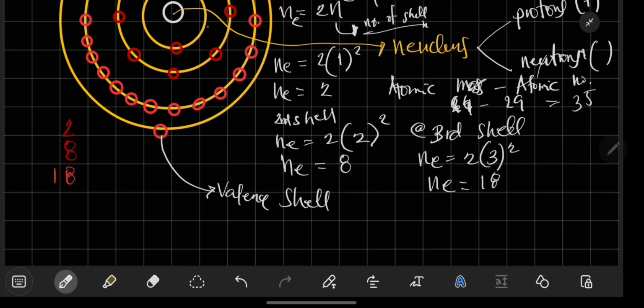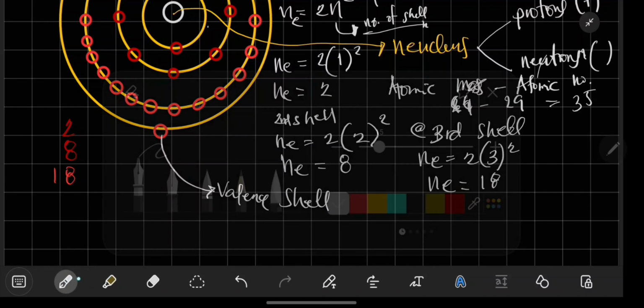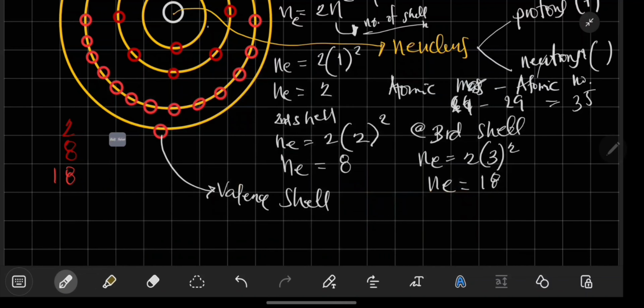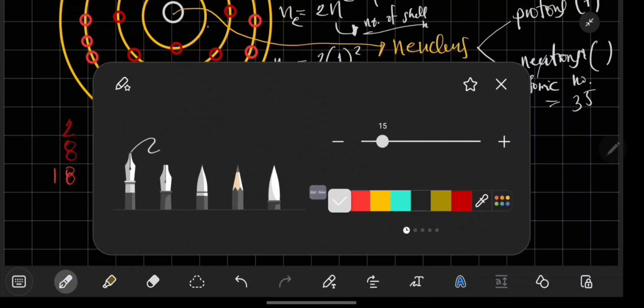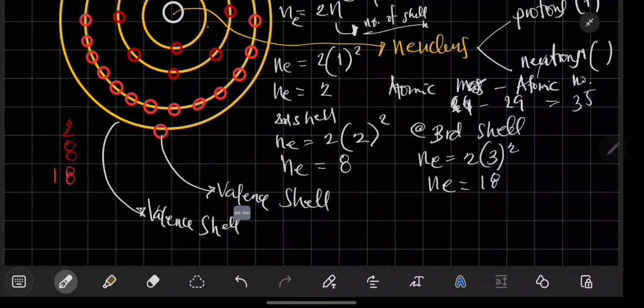Ang tawag kasi dito sa outer shell is called valence shell. I'm sorry, baliktad. Okay, sorry. The outer orbit is called the valence shell, and the electron in the outer shell is called valence electron. So this is valence electron.